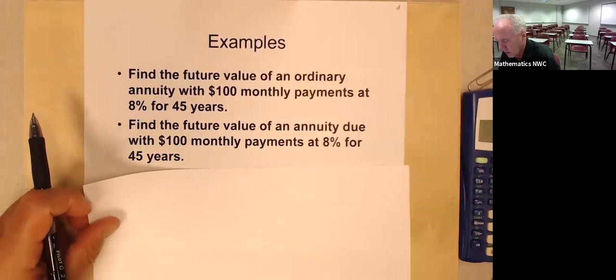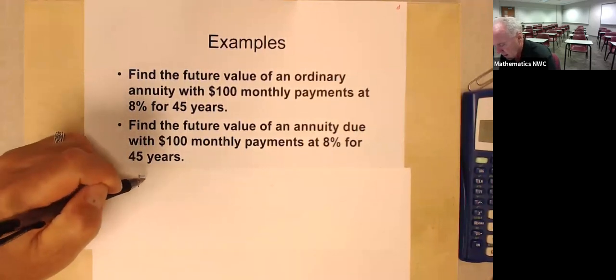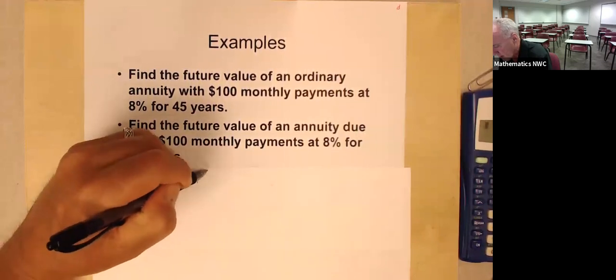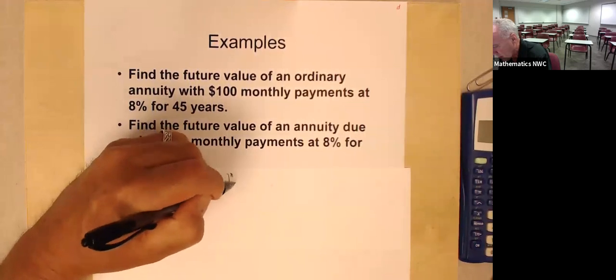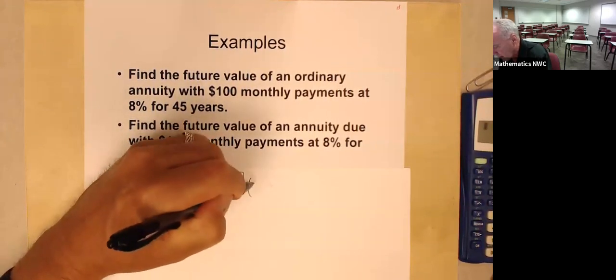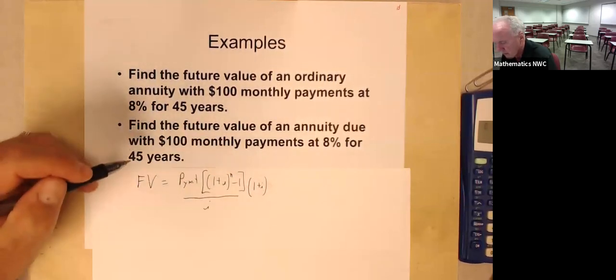A second example. This one is an annuity due. That formula was a little different. It was your payment times 1 plus i raised to the nth minus 1 all over i, multiplied times one more month's worth of interest.